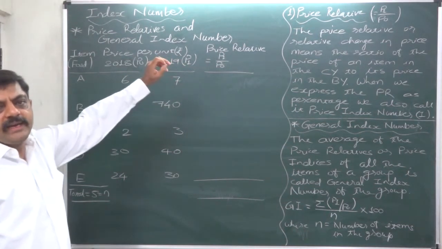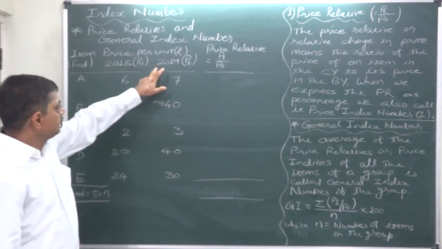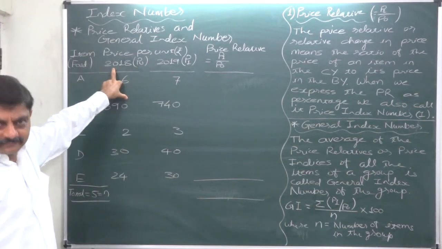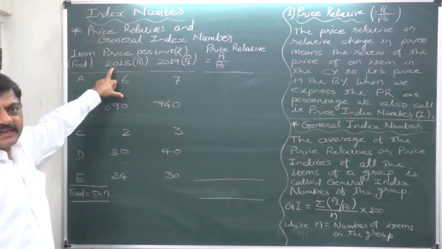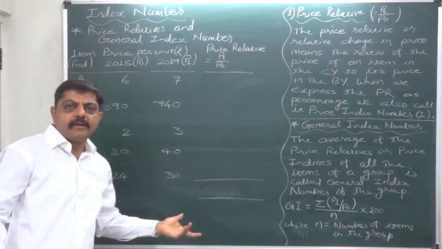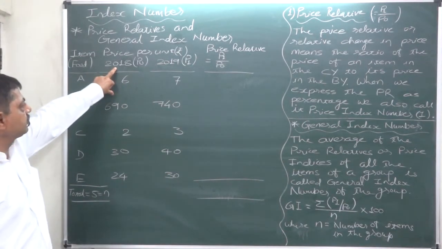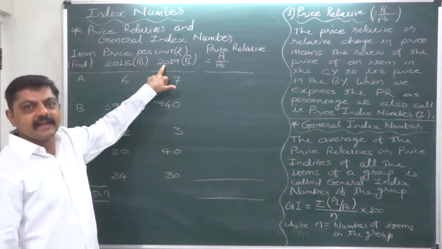There should not be any confusion about the base year. The base year is always the oldest one. From all the preceding years, the oldest is taken as base year. There are only 2 years, so there can never be any confusion or doubt about the base year. In this case, 2018 must be taken as base year and 2019 as current year.